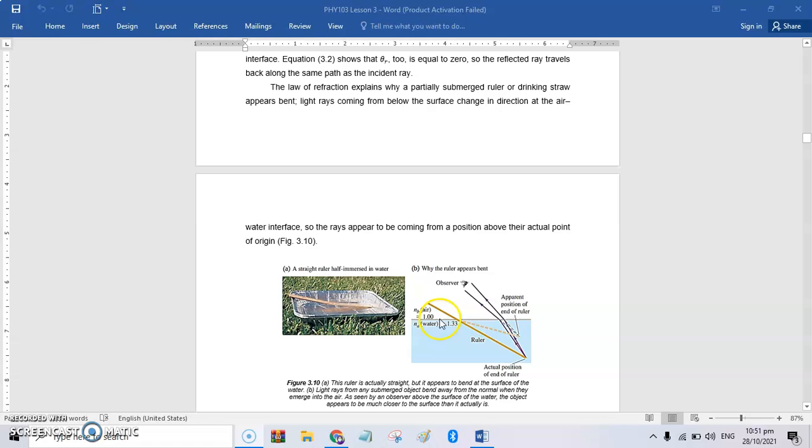So, where is our normal? This is our normal. So, its angle bends towards the surface of the water.